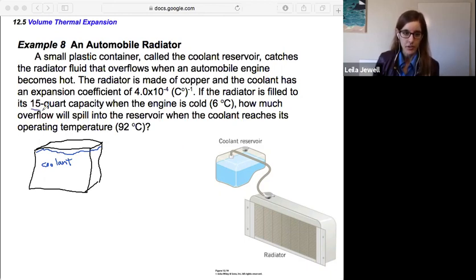There's this 15 quart capacity. Quart is a unit of volume. It's not our SI unit, it's not cubic meters, but it is a volume unit. And since the problem doesn't specify the units that it wants for the overflow in a change in volume, we can work in terms of quarts. So our original volume is going to be this 15 quarts.